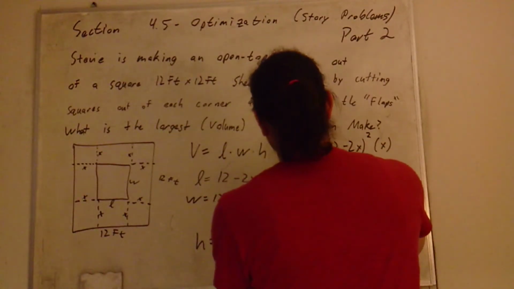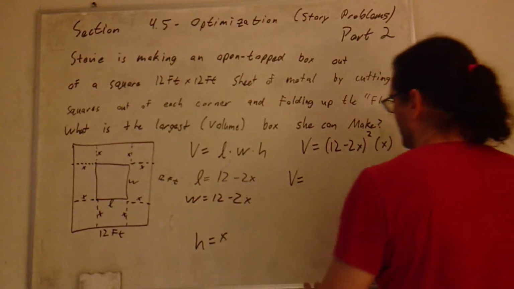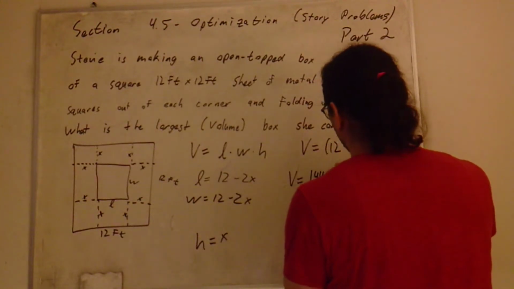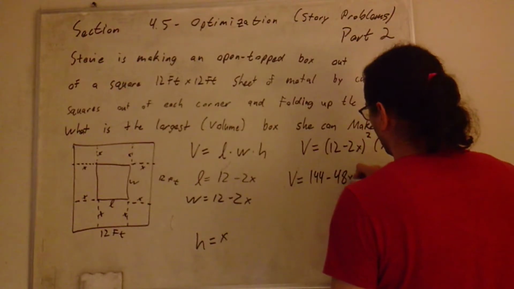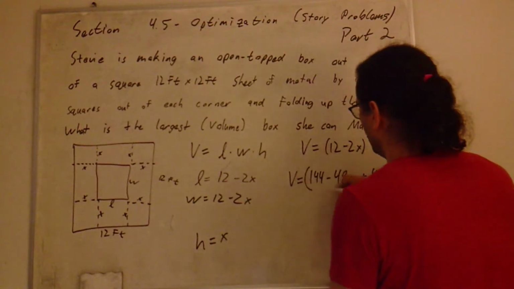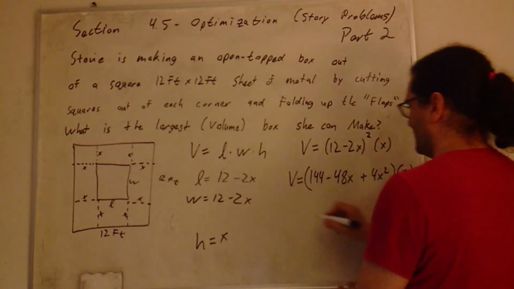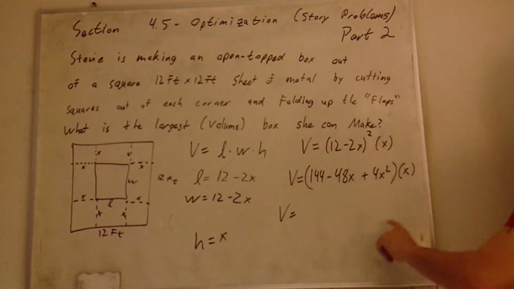So we'll say volume equals 12 minus 2x quantity squared is going to be 144 minus 48x plus 4x squared. That's all still times x on the back end. So volume, I'm going to rearrange it as I distribute this x in here.